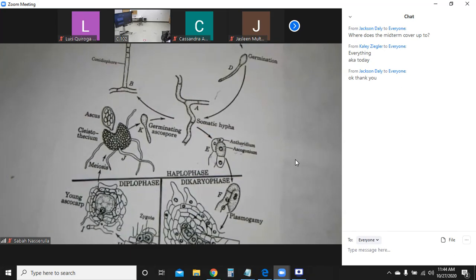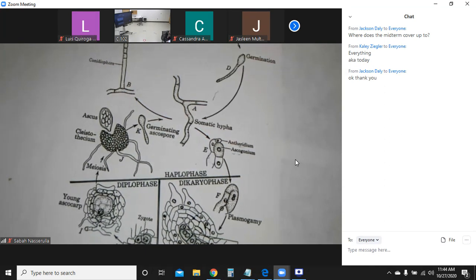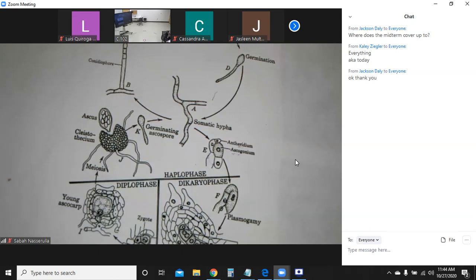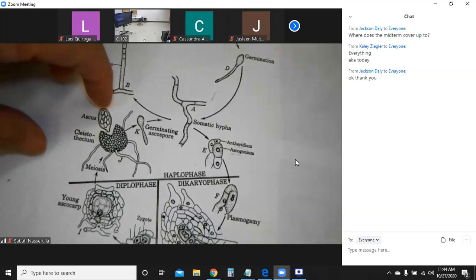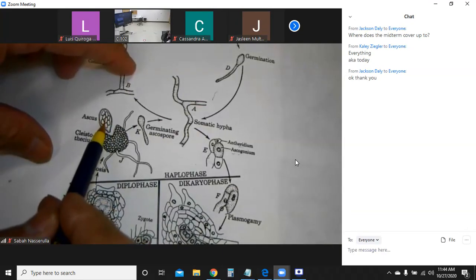Can anybody answer me? If you have meiosis 1 and meiosis 2, at the end, how many haploid cells are we going to get? 4. Is that clear? And then the other division, which is mitosis, is going to produce 8. And that's why each ascus contains 8 ascospores.